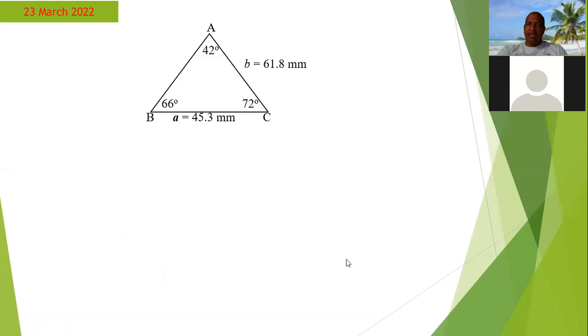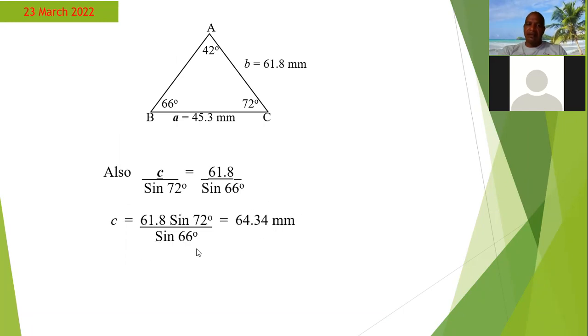In a similar way, we work out the side C. We say C over sine of 72 is equal to 61.8 over sine of 66. Making C the subject, we bring sine 72 to the right-hand side, times it by 61.8, calculate the numerator, then divide by the denominator, and we get 64.34.